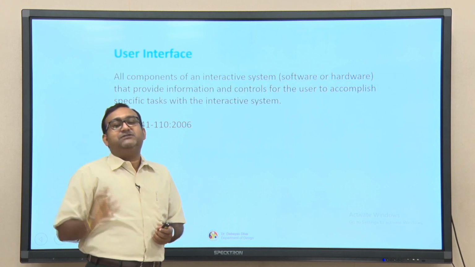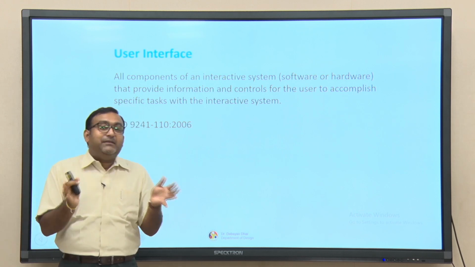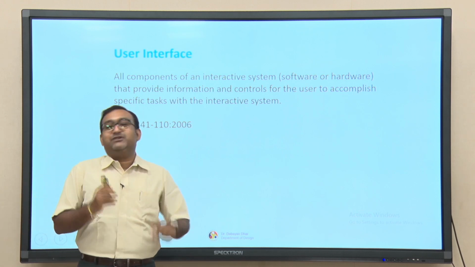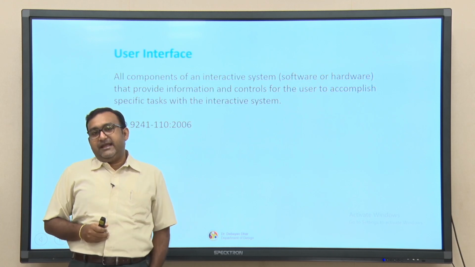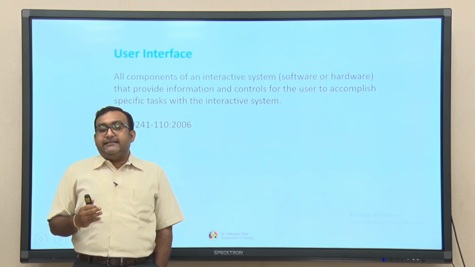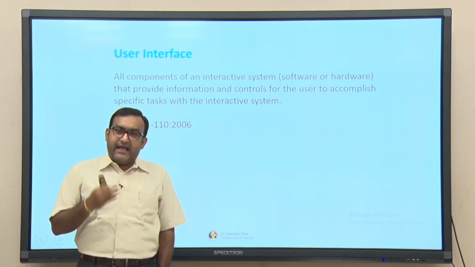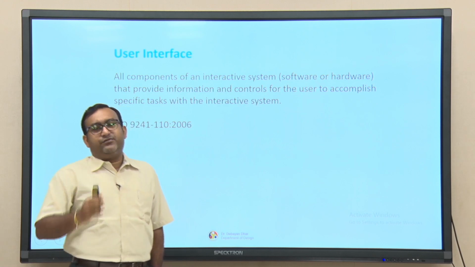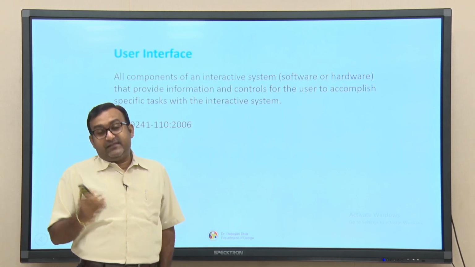So, that medium is what we call the user interface. It is the medium that connects human users with the software and the hardware, that means with the computer.